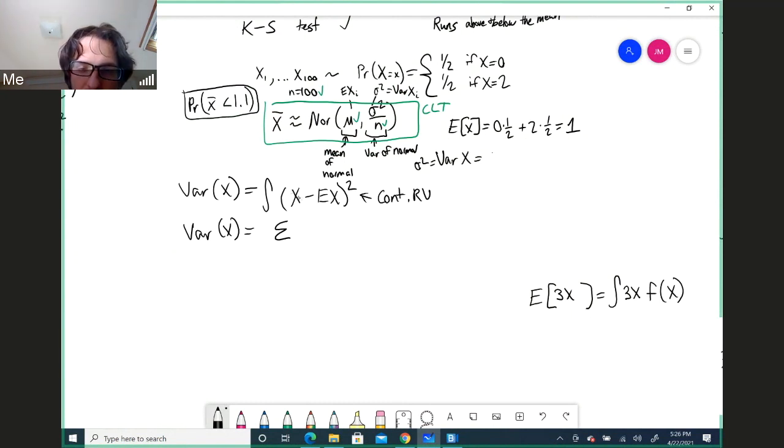Actually, I forgot one thing. It's x minus E of x squared, and I think there's also an f of x in here. Anyway, for the variance of x, we take the probability of each x value and multiply it by the x value minus E of x, squared.